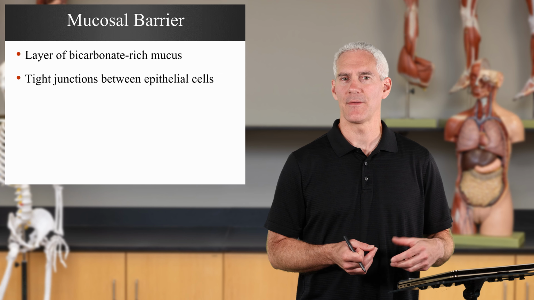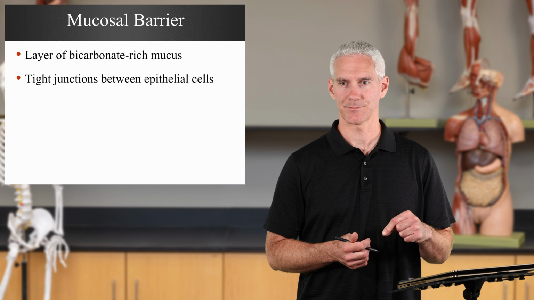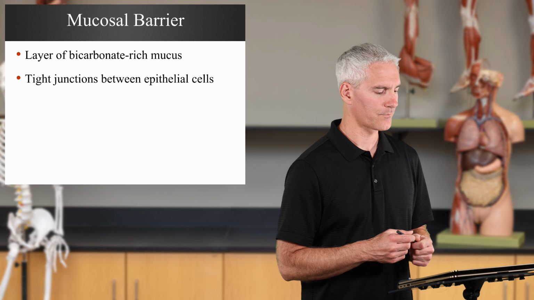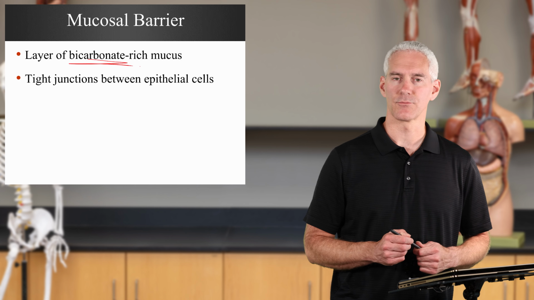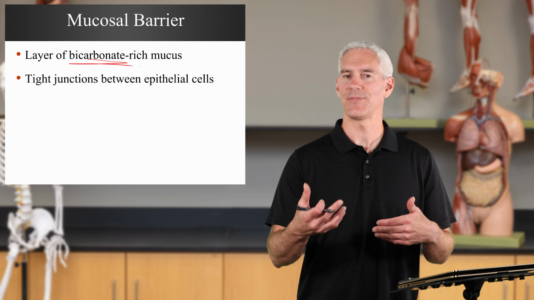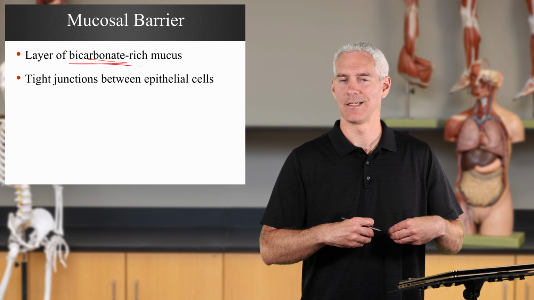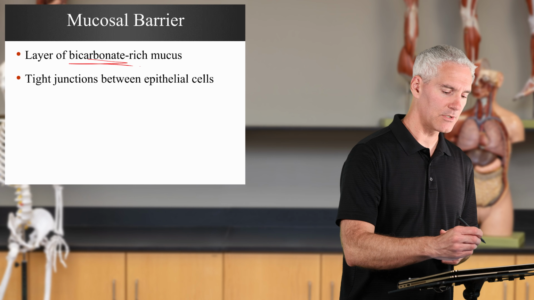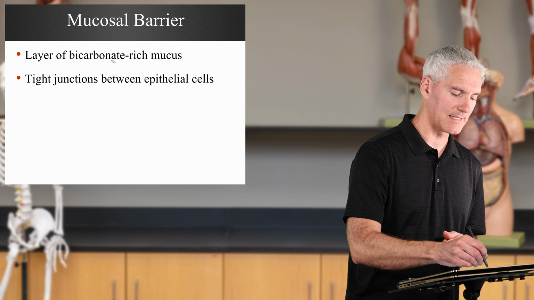Now, we mentioned briefly this mucosal barrier before, and how it helps to protect the underlying epithelial tissue. So you have this nice bicarbonate-rich mucus. Now remember, bicarbonate helps to buffer and prevent that hydrochloric acid from hitting the simple columnar cells underneath it. But then you also have another feature that is helping.